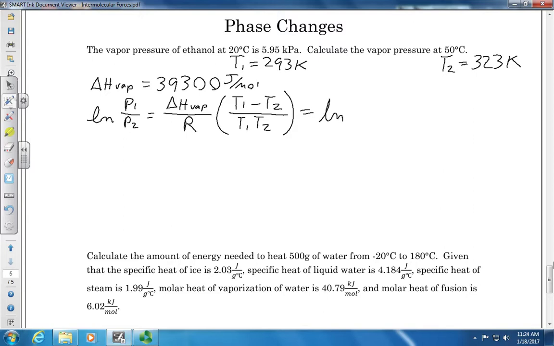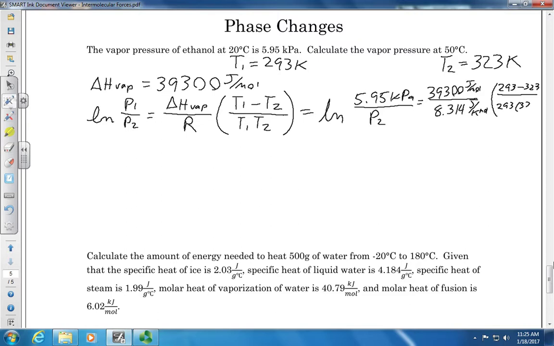We've got natural log of 5.95 kilopascals over P2 is equal to 39300 joules per mole over 8.314 joules per Kelvin mole, times 293 minus 323 Kelvin, all over 293 times 323.